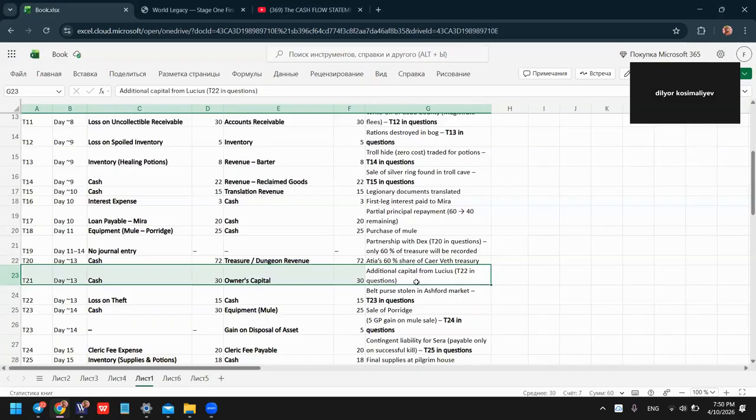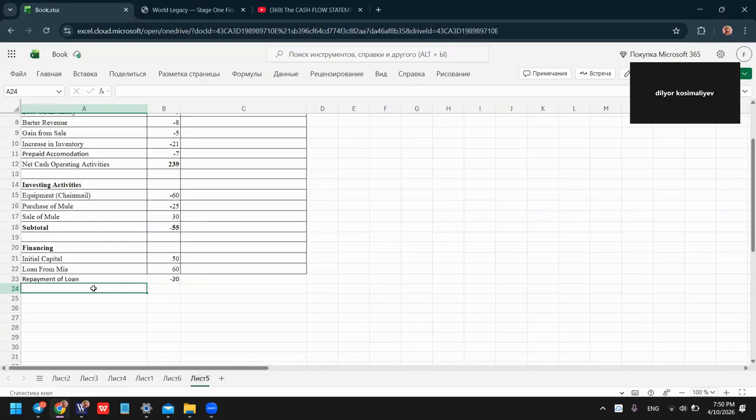She got this capital from Lucius because she worked in escort. Yes, she did her job pretty well. It's like additional payment, right? So let's track it.